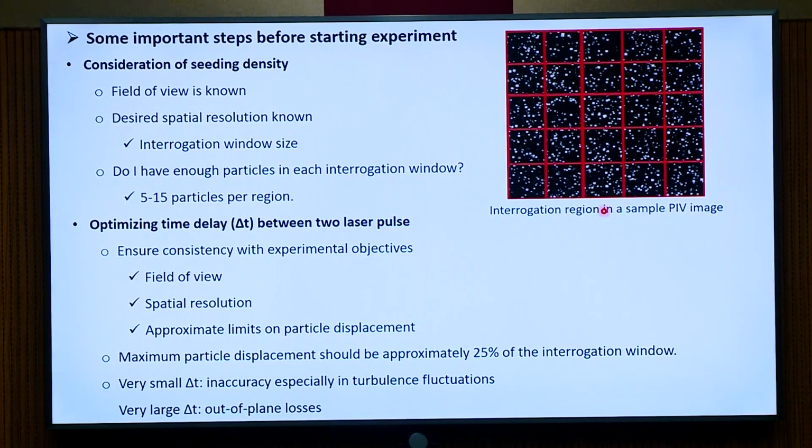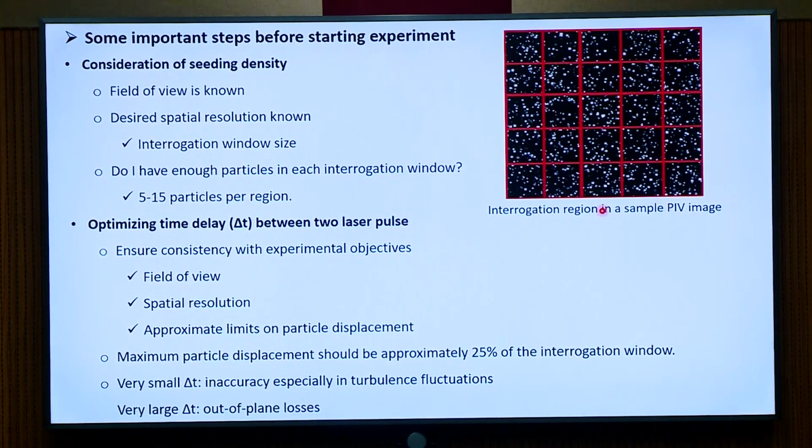Okay, so there are some important steps before you start the experiments. So how do we decide how much seeding we need? There are some rules of thumb. For example, within your interrogation window, you should have typically say 5 to 15 particles. So this is a typical PIV image where the flow is seeded with tracer particles.